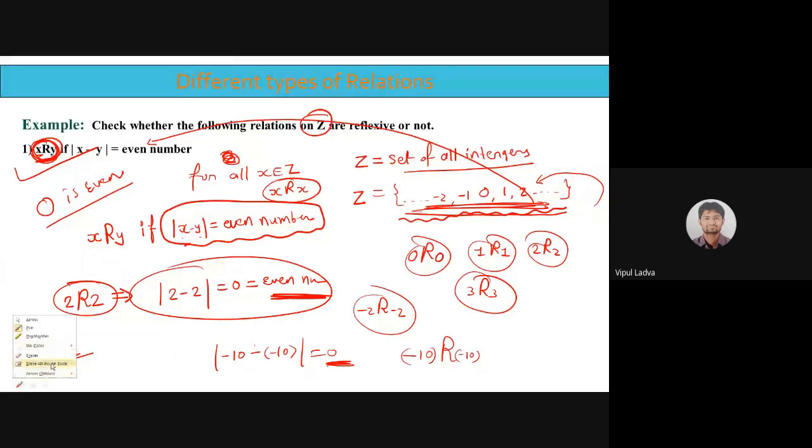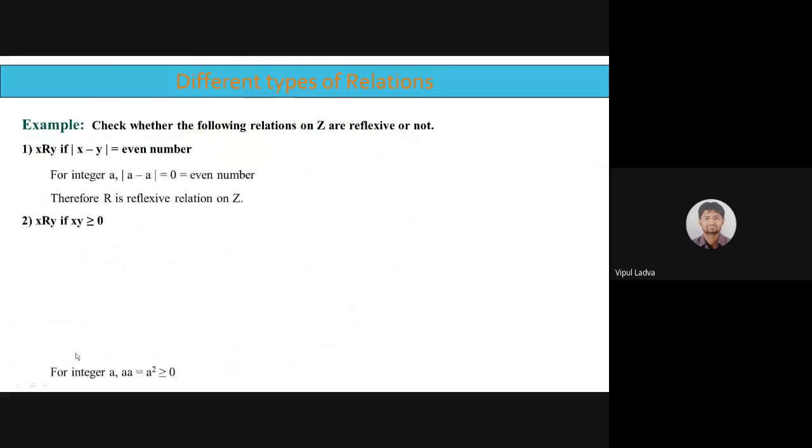This is a reflexive relation. Let me show you the solution. Go through this: for any integer, A minus A will be 0 and 0 is an even number. So all the elements of set Z have a relation with themselves, and that is the reason such relation R is reflexive in this case.